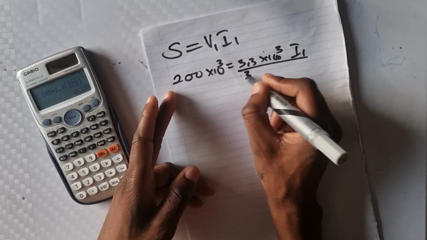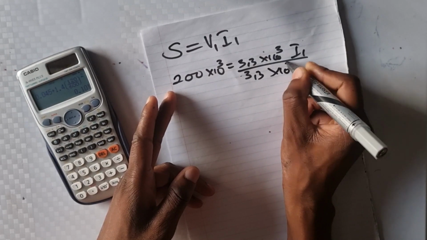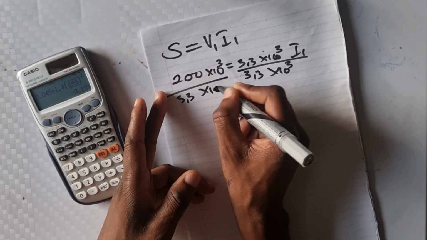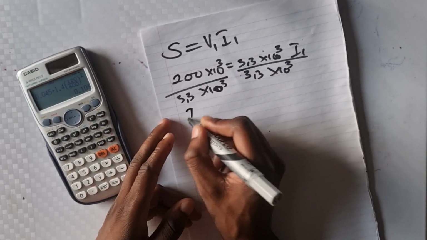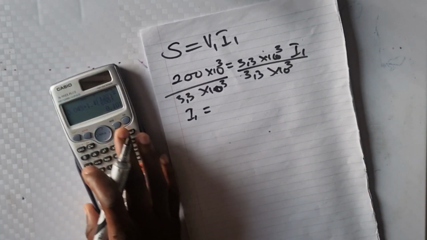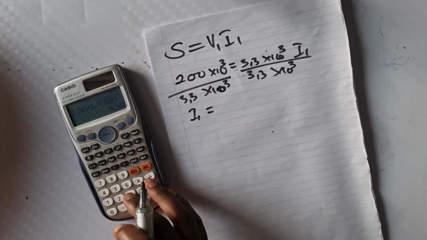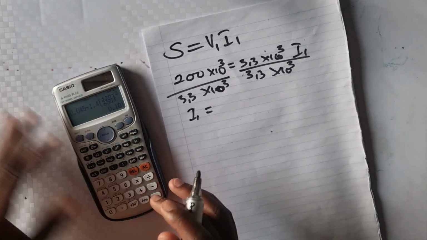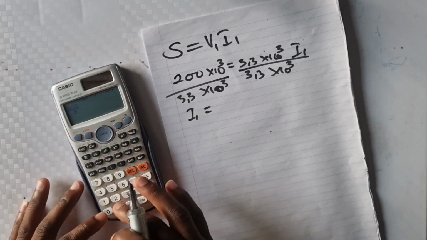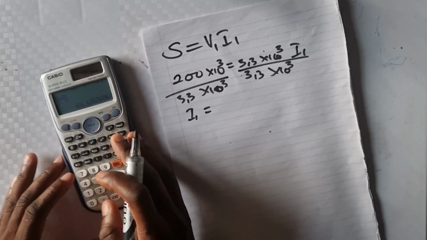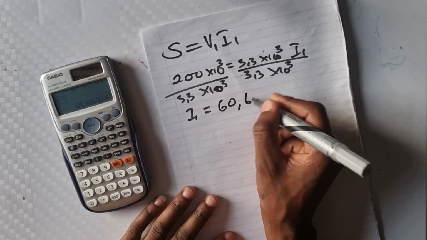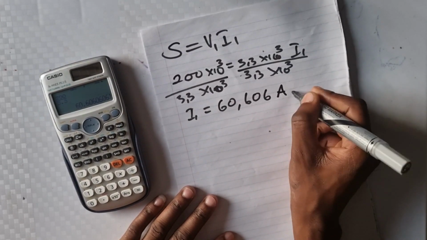Then we divide by 3.3 times 10 to the power 3. I1 is equal to 60.606 amps.